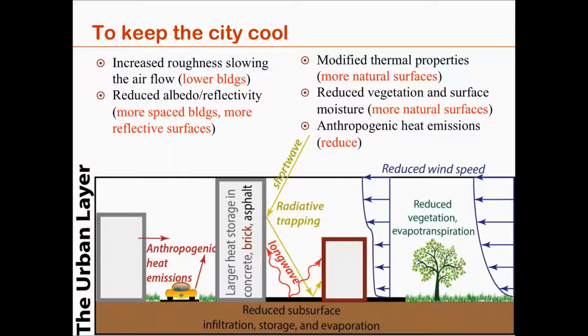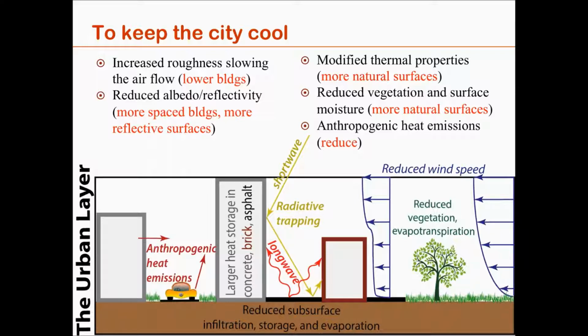So, for example, if you want to reduce the airflow slowdown, you want to use lower buildings. If you want to mitigate the reduction in the albedo, you need to use more reflective surfaces or more spaced buildings.